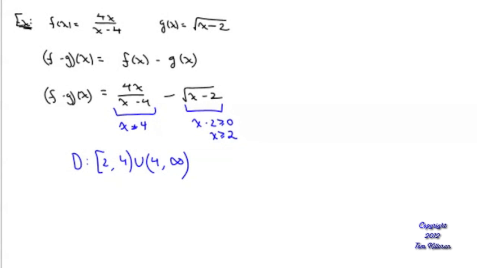Do you want more? How about f of x is equal to the square root of 4 minus x. g of x is equal to the square root of x plus 2.